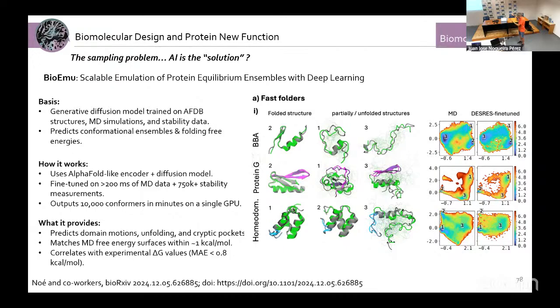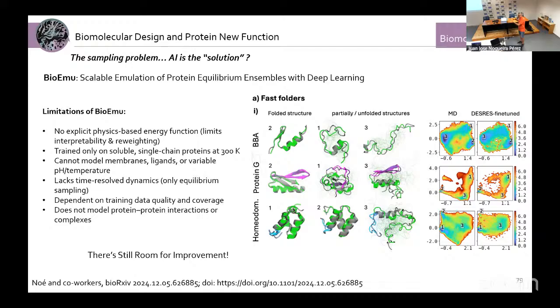Of course, this has a lot of limitations. You have a list here, but just to let you know where the field is going with the idea of reproducing free energies, because at the end, this gives us the information for understanding and designing protein function.